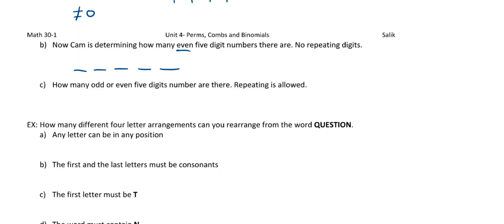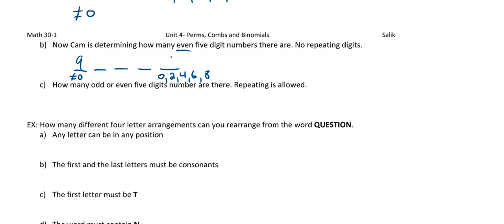All right. So now, just like the last one, we're going to say it can't be 0 for the first one. Let's look at the last part here. If it's an even number, then this would end in 0, 2, 4, 6, or 8. So you might be tempted to say, same as last time, let's just make this 9, because it can't be 0, and you go 9, 8, 7, and then the last one would be 5.